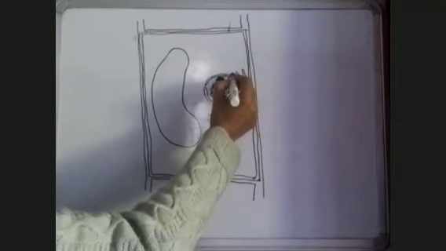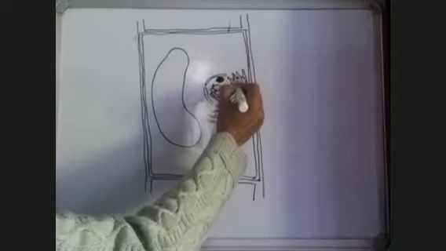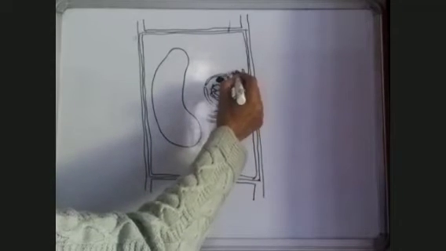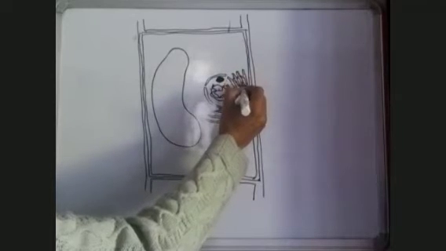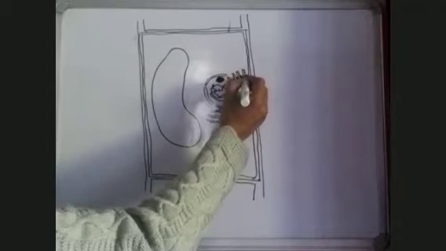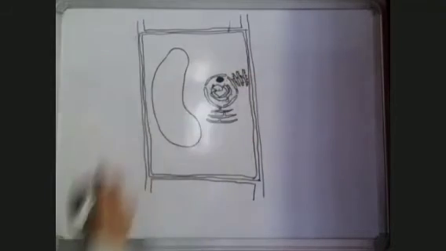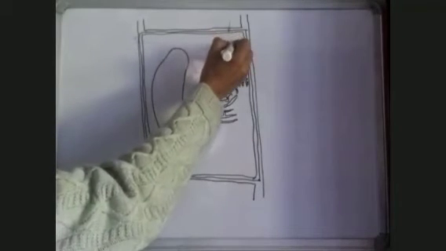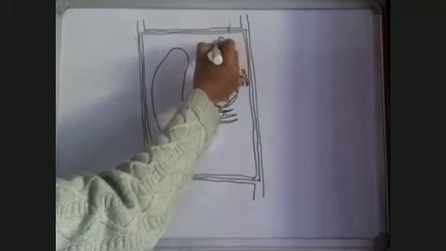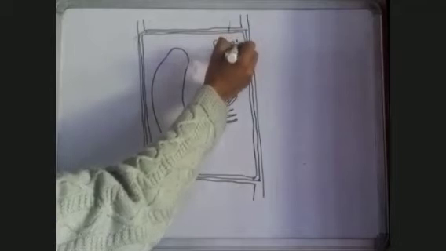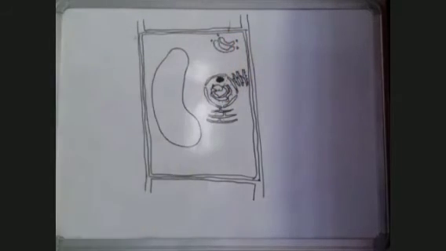And we can make ribosomes on it. Then we have the Golgi complex, which is smaller in size and not placed the way it is placed in the animal cell.